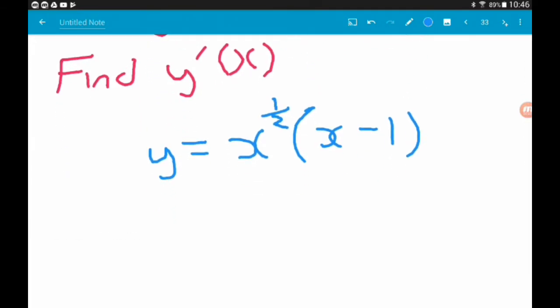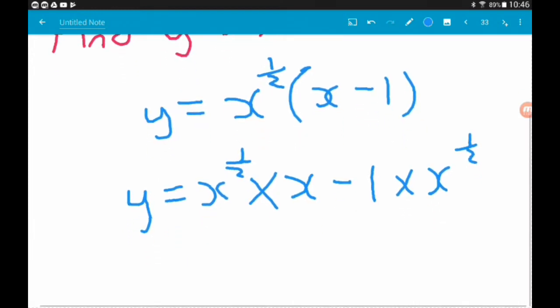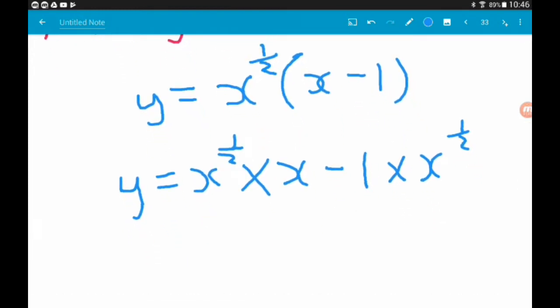So, we've got y equals x to the 1 half times x minus x to the half. Let's write it as minus 1 times x to the half. So, remember that x as a power is x to the power 1.